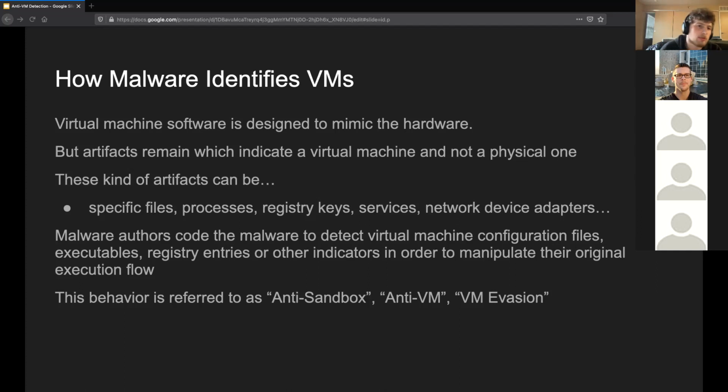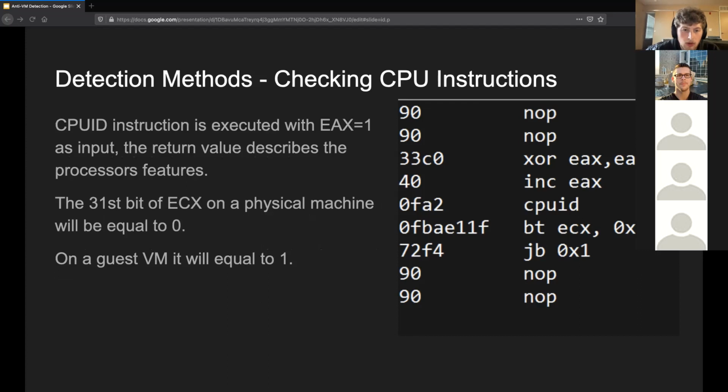Just a couple of labels or technical terms: it's sometimes referred to as anti-sandboxing, anti-VM, or just VM evasion or VM detection. Those are some of the common terms that you'll see thrown around.